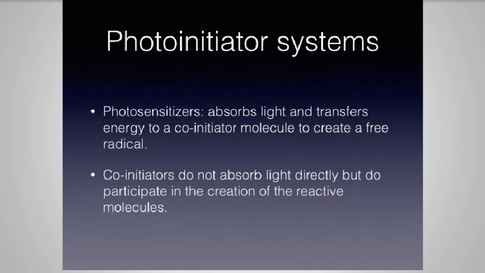Additionally, we now have photoinitiator systems that are incorporated into what we do. They absorb the light and transfer the energy to the co-initiator molecules to create these free radicals. And the co-initiators do not necessarily absorb light directly, but participate in the creation of the reactive molecules.